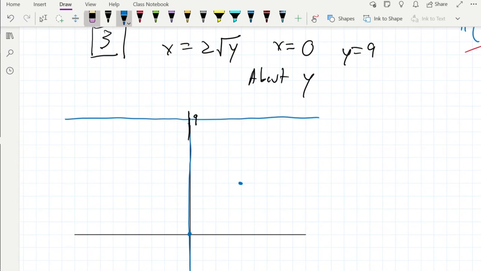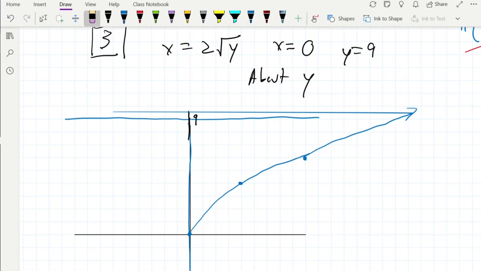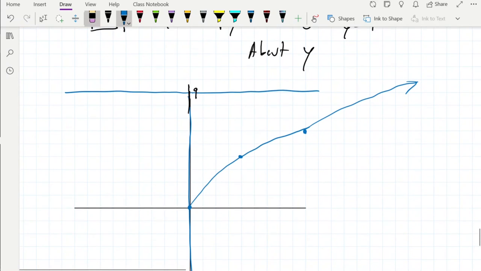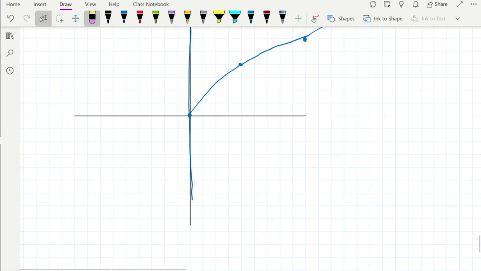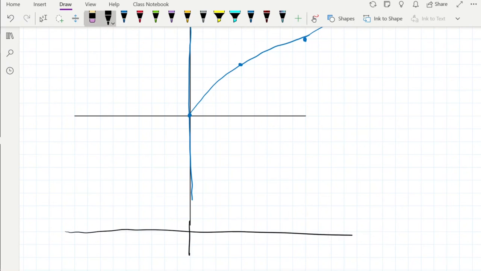It'll equal 6. And it will keep approaching the axis of 9 until at some point it will cross. So when we draw our shape, we're going to have it so that this is 9. And it should look something like this.